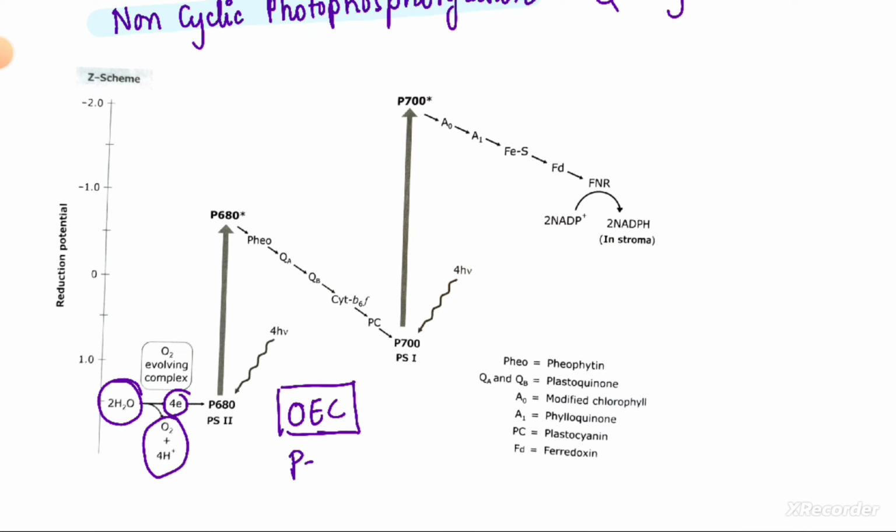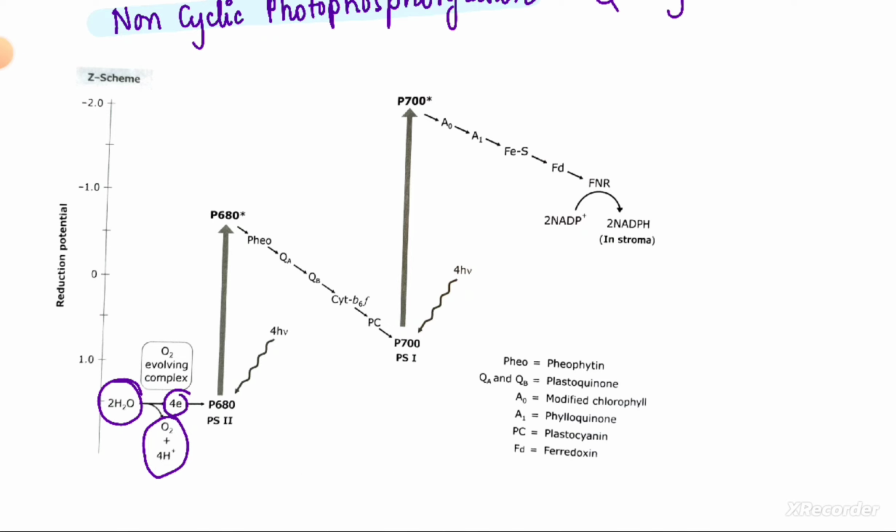It has certain proteins like PSBO, PSBQ, PSBP. So you can remember OQ and OPQ like that. Besides that, it also has certain ions like chloride ions, calcium ions, bicarbonate ions, whose role is not really known.